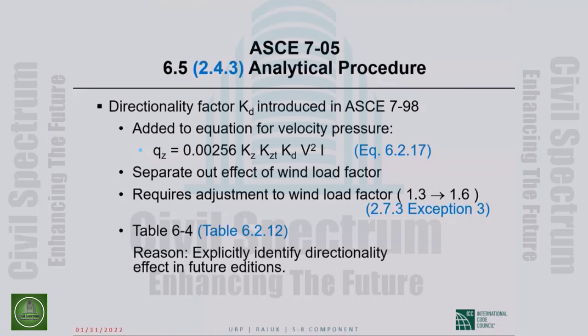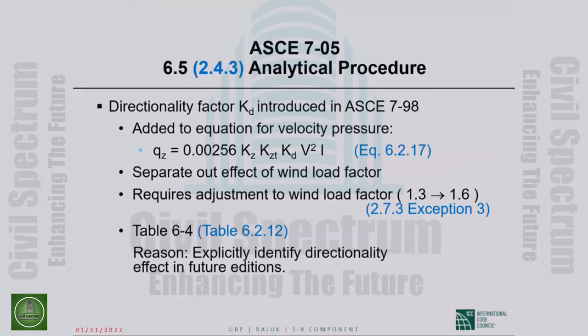Now wind was lower by 15%. We had multiplied wind by 0.85. In ASCE 7-95, wind had not been multiplied by a factor of 0.85.